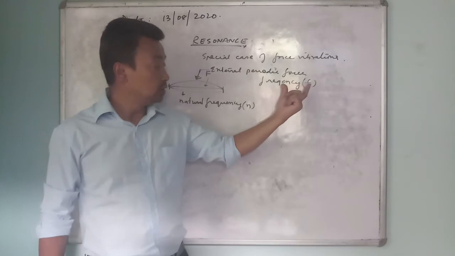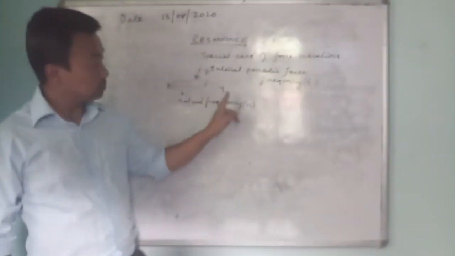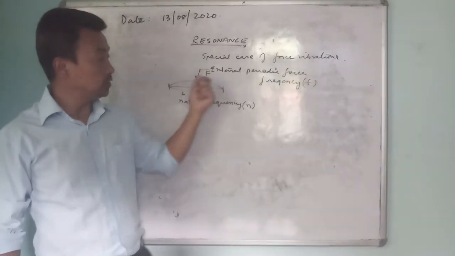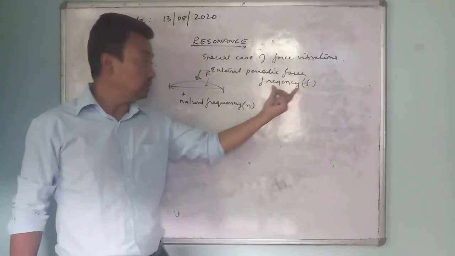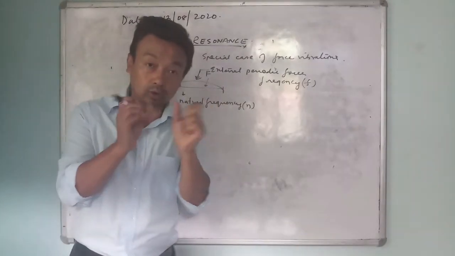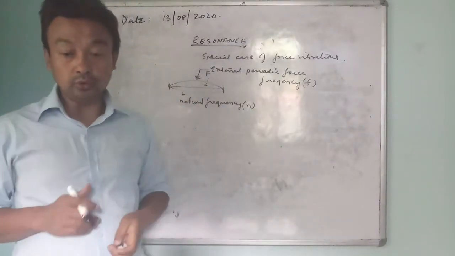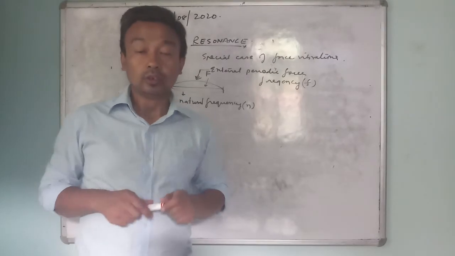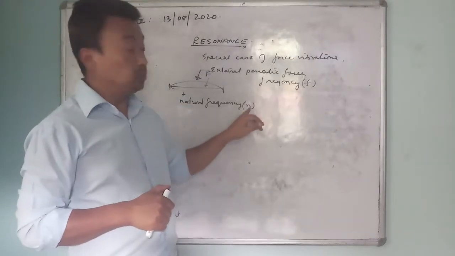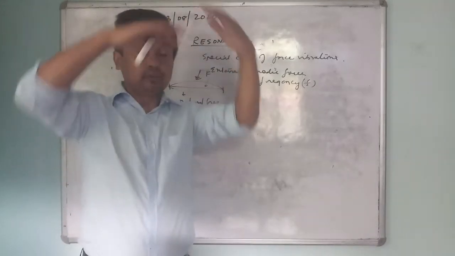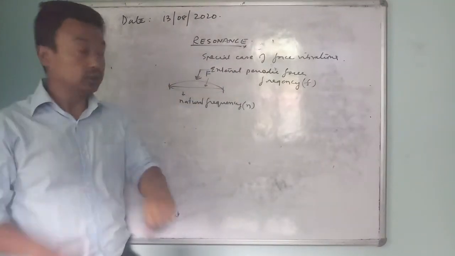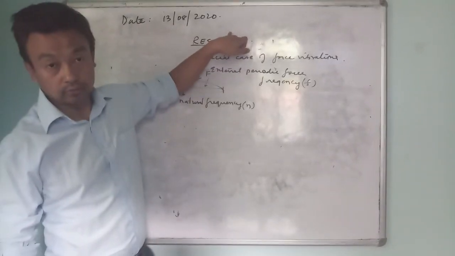Okay, now there are two frequencies here. This frequency is the natural frequency of the body. This frequency is due to the applied force. Now when these two frequencies become equal, then the body will start to vibrate with increased amplitude. The amplitude increases and a loud sound is heard, and that is resonance.